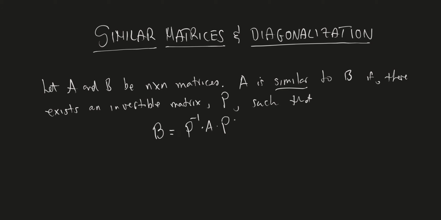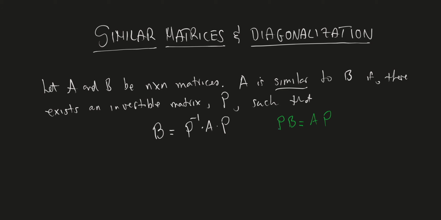Now, this being a matrix equation, it has a lot of other equivalencies. So let me write a couple here. Let's say we didn't want to express anything with the inverse. If we multiply both sides of this equation on the left by P, we would have P times B is equal to A times P. This is saying that pre-multiplication of B and post-multiplication of A give the same result, assuming they're similar.